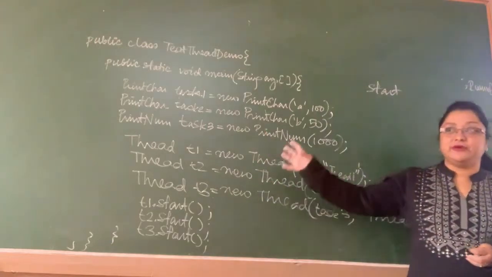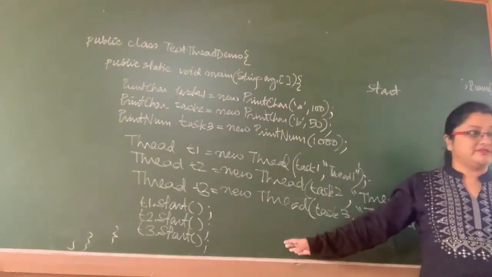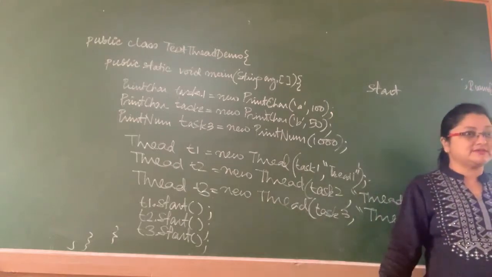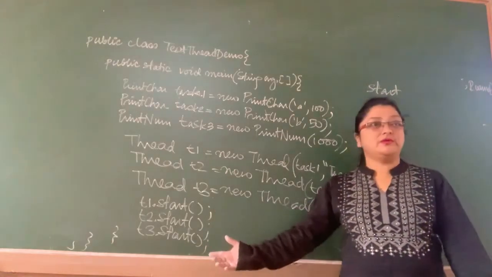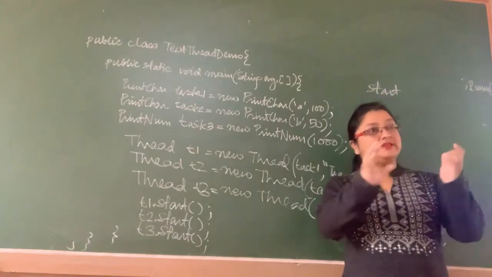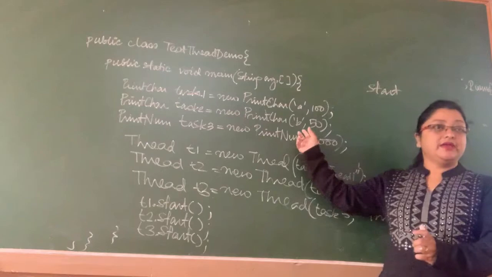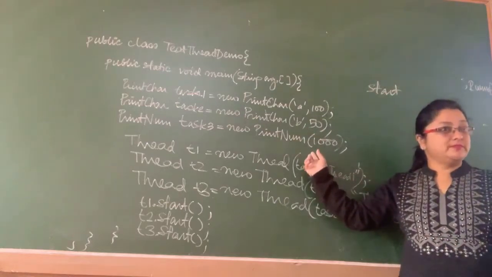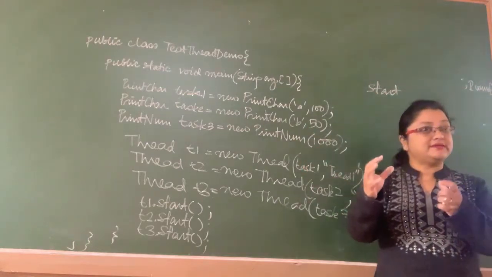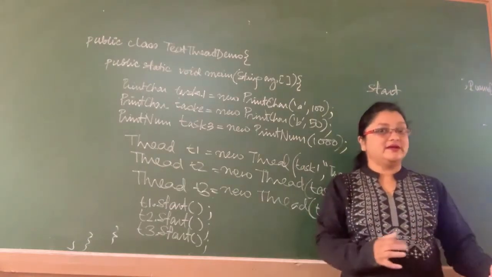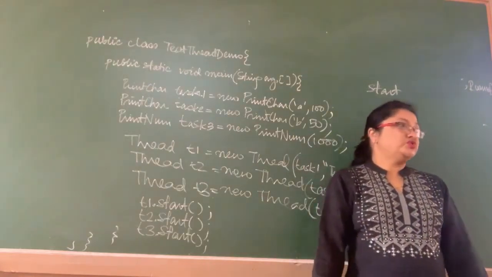So if you get a question like this, asking what the output is, you will not be able to give it, because it is asynchronous. It may print all the A's, then all the B's, then 1 to 1000, or it may print some A's, then some numbers, then again B's, then continue.